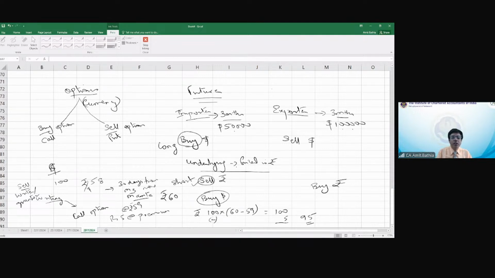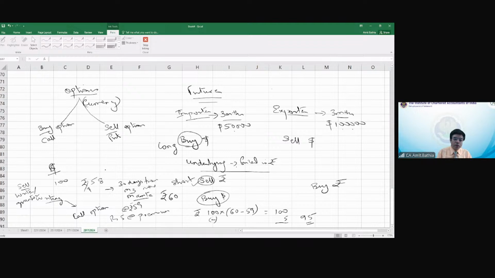I could have sold this in the spot market at 60, but instead I am selling it at 59 because of this obligation. So I have an opportunity loss of 100 rupees, and I made a profit of rupees 5. So my opportunity loss will be 100 minus 5, that is 95 rupees. Are you all with me?